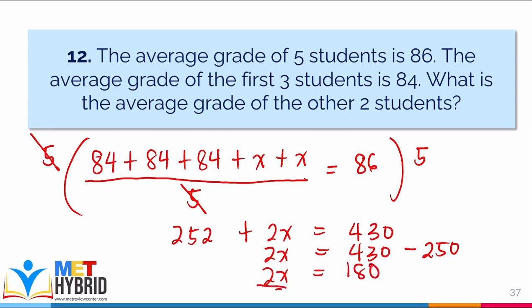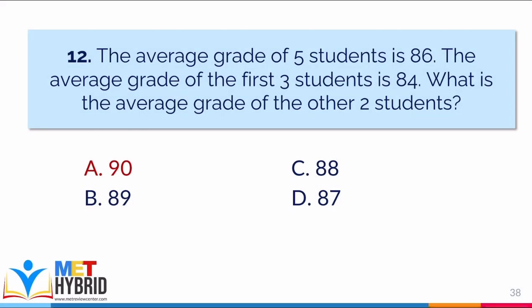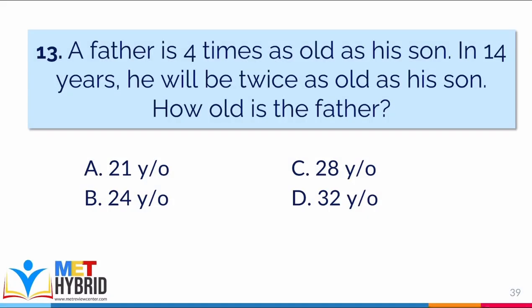Divide both sides by 2. X therefore is 89. So the average grade of the other 2 students is letter A, 90. Let's proceed to the next question.